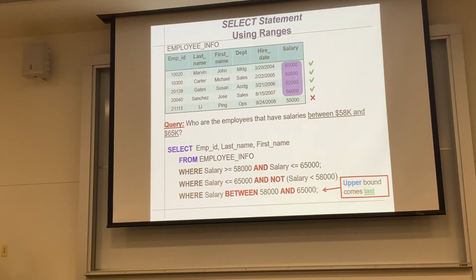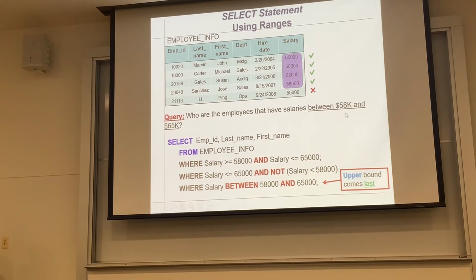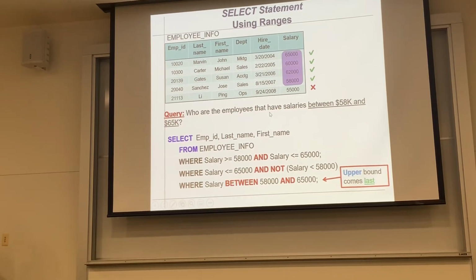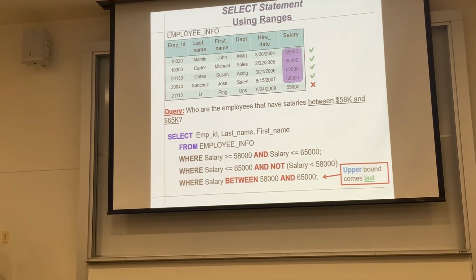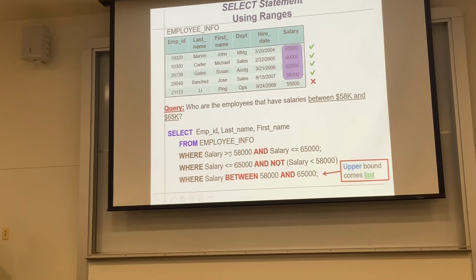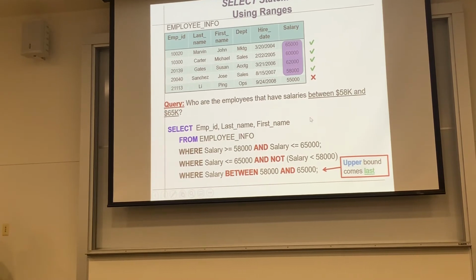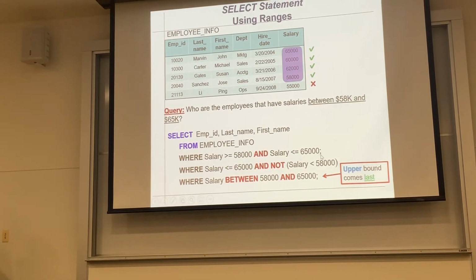Here's another question. Who are the employees that have salaries between $58,000 and $65,000? There's a couple of different ways you can write this, right? You can say where the salary is greater than or equal to $58,000, and the salary is less than or equal to $65,000. That's one way to write it.